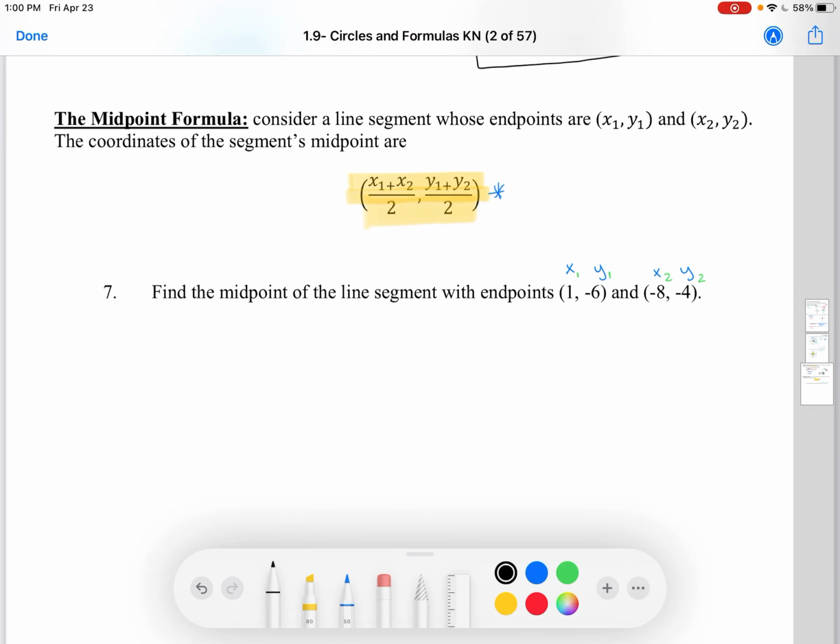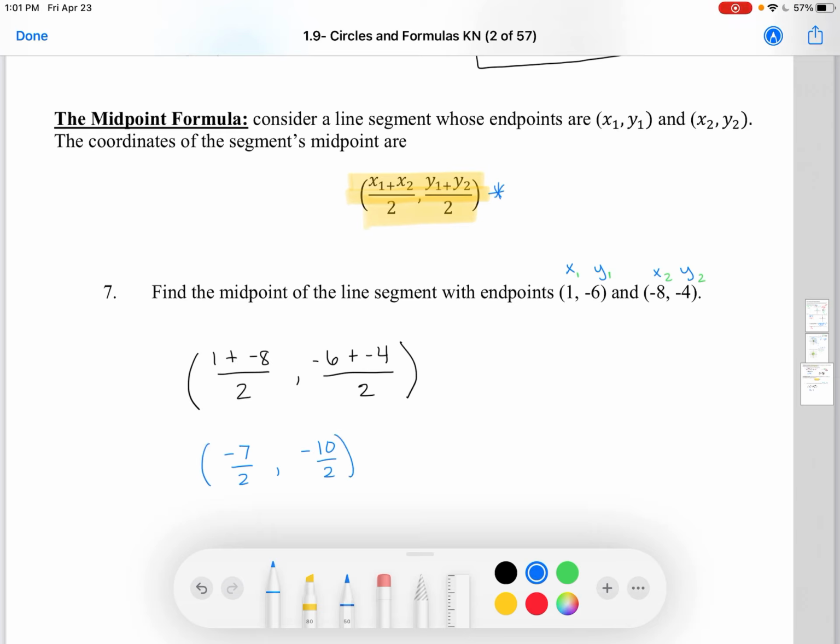Using my formula now, I have parentheses, my x1, which was 1, plus my x2, which was -8, all over 2, followed by my y1, which was -6, plus my y2, which was -4. Using the formula, I'm just going to clean it up now. In the numerator, I get -7 over 2, and then -10 over 2.